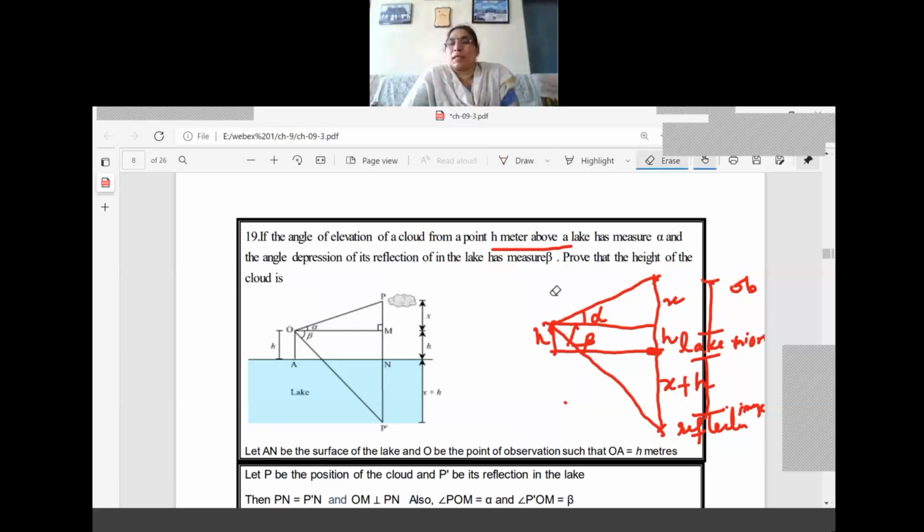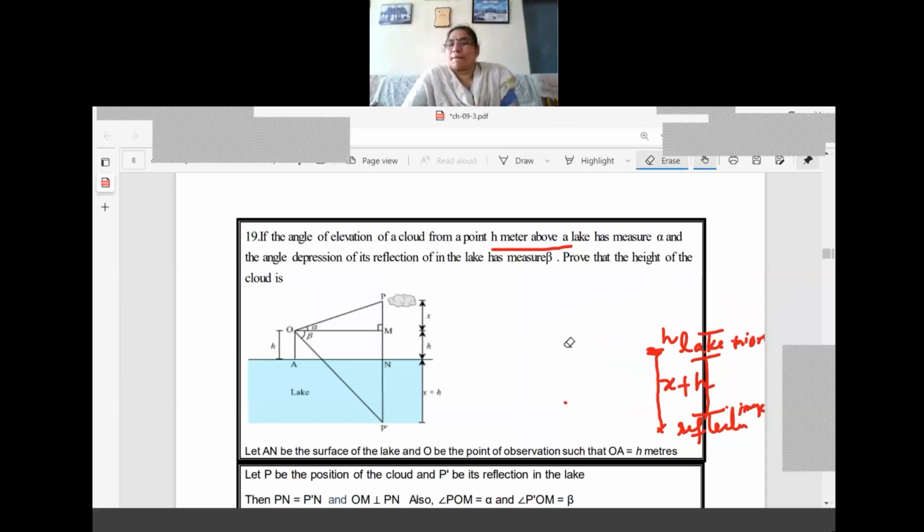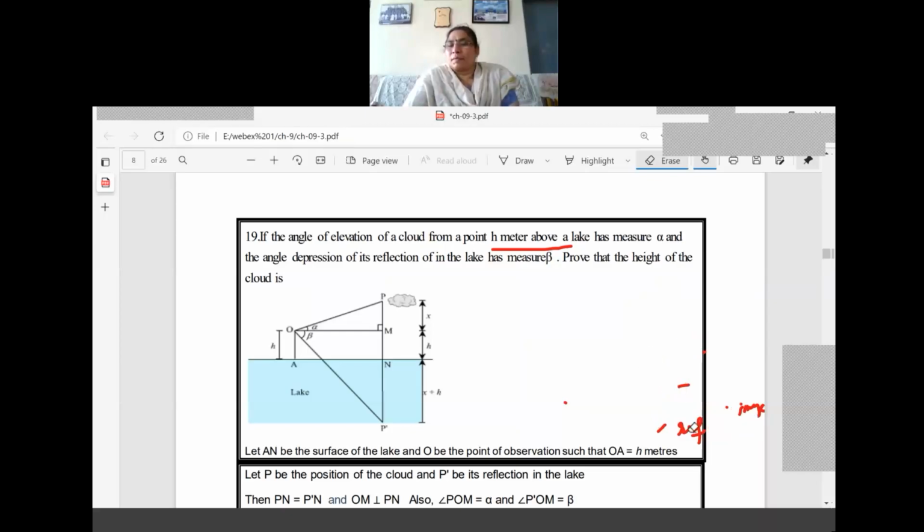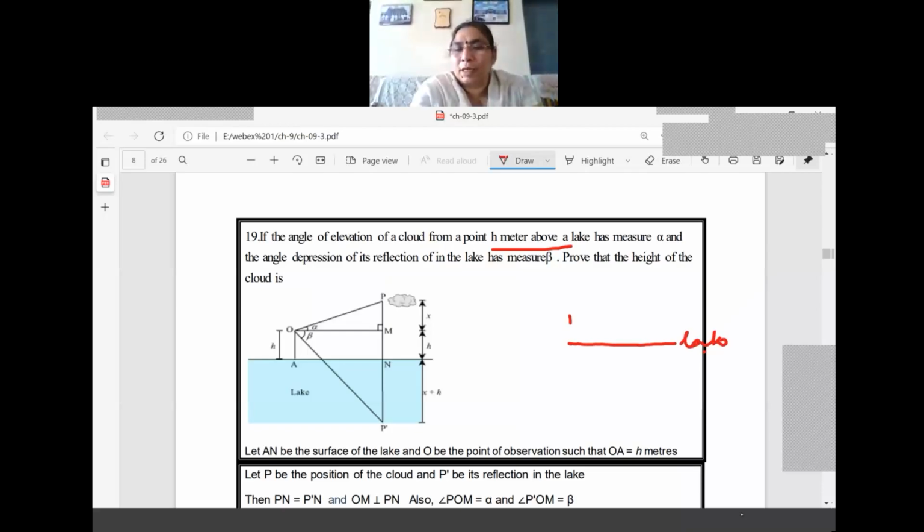So once again I will draw the diagram. What is given in the question? The angle of elevation of a cloud from a point h meters above the lake. So draw the lake, h meters above it, and the angle of elevation is alpha.